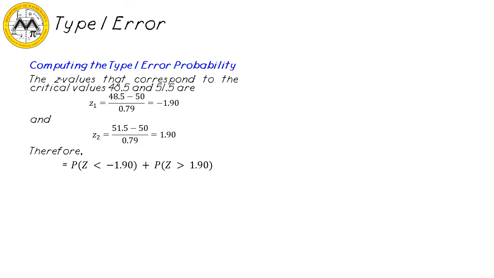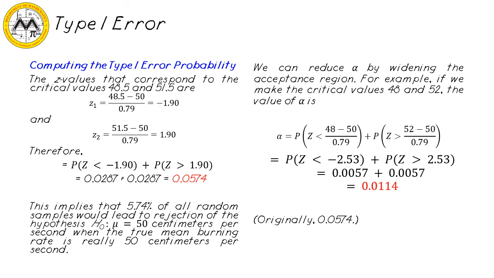So therefore, we're looking for the probability that Z is less than negative 1.9 plus the probability that Z is greater than 1.9. So take note of this value. We're going to have this on the next videos. So the probability is 0.0574. This is alpha for n is 10 and from 48.5 to 51.5.